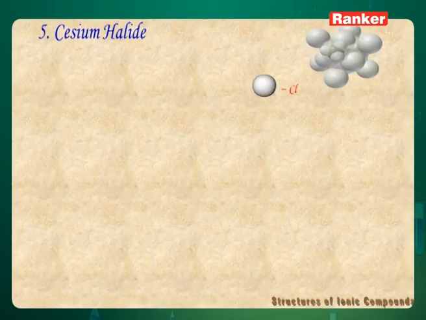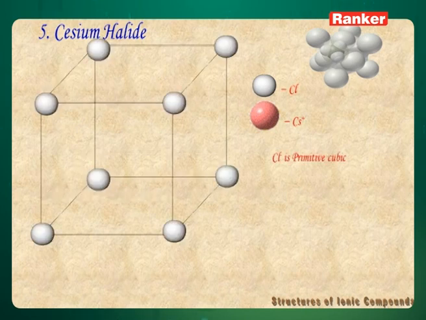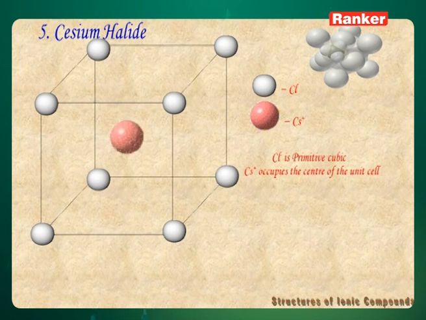So, for the cesium halide, this is a chloride ion, cesium ion, this is a cube. Chloride ions form the primitive, cesium ion occupies the center of the unit cell, that is the body centered cube.